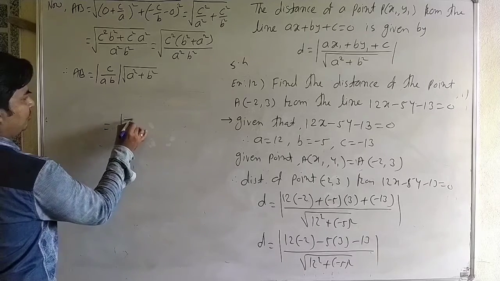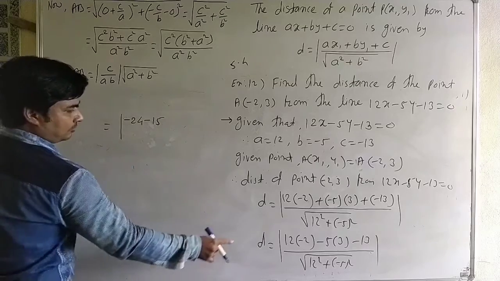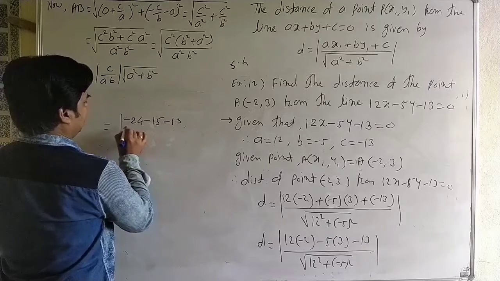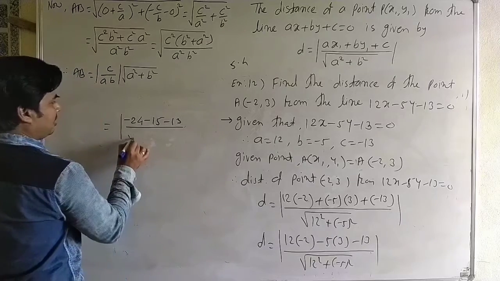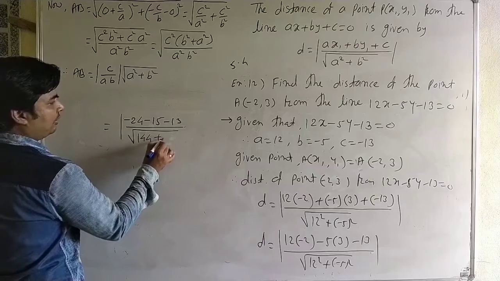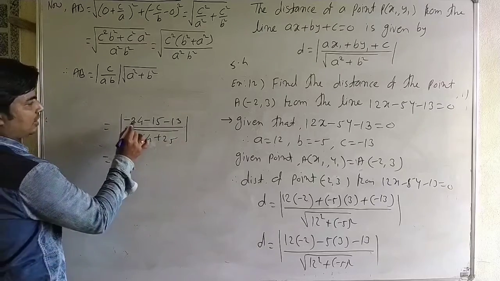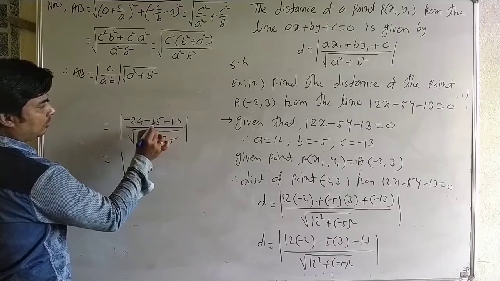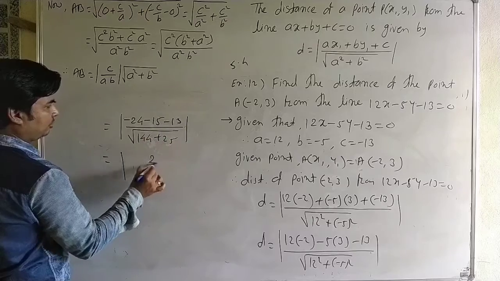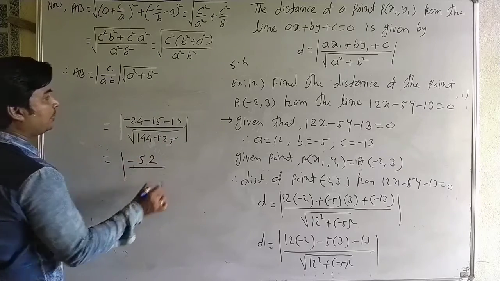It is minus 24 minus 15 and minus 13 upon under root of 144 plus 25. Minus 24 minus 15 and minus 13, it is minus 52.